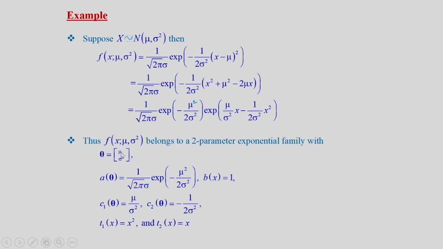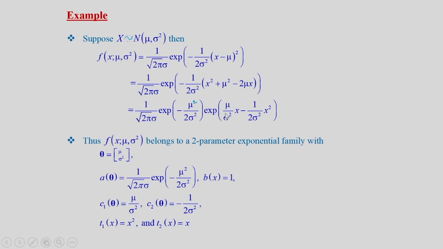Therefore, f(x, mu, sigma square) belongs to a two parameter exponential family with theta, that is the parameter vector, equal to (mu, sigma square). It comprises mu and sigma square. a(theta) will be equal to 1 by root over 2 pi sigma into exponential minus mu square by 2 sigma square. So, it is a function of mu and sigma square, and b(x) is equal to 1.